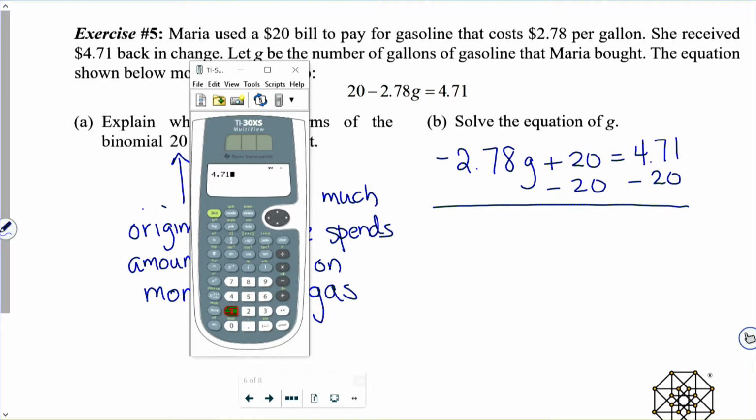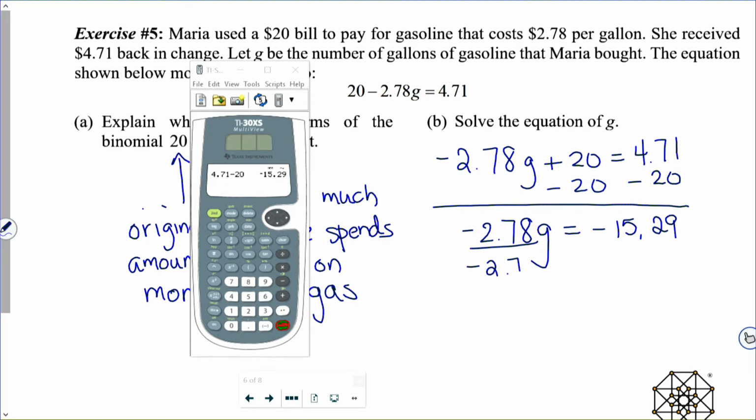Right, we've got 4.71 minus 20. This is going to be a negative number, right? We expect that because 20 is larger. So I have negative 2.78g equals negative 15.29. I'm now going to divide both sides by negative 2.78. That'll cancel. Over here, I'm going to clear out my calculator.